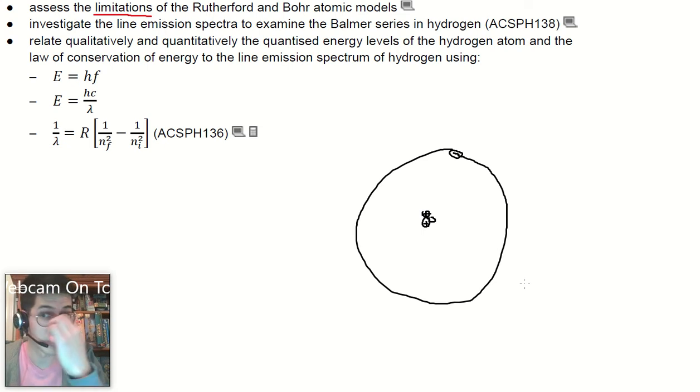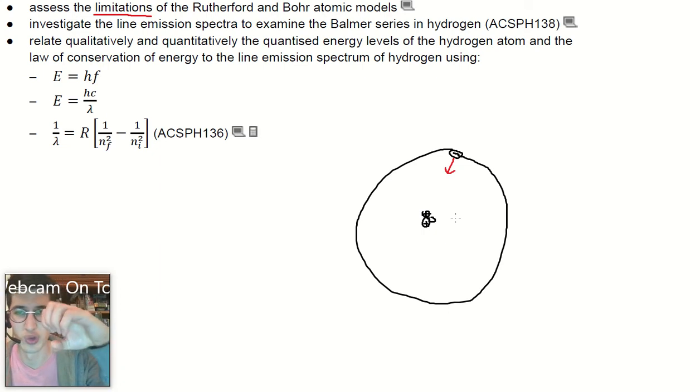But Bohr said some other really useful things, because he said that each shell that the electrons can exist in is specifically linked to a certain amount of energy. And this is the same as thinking about gravitational potential energy. Again, there are electric fields creating forces on these charges.